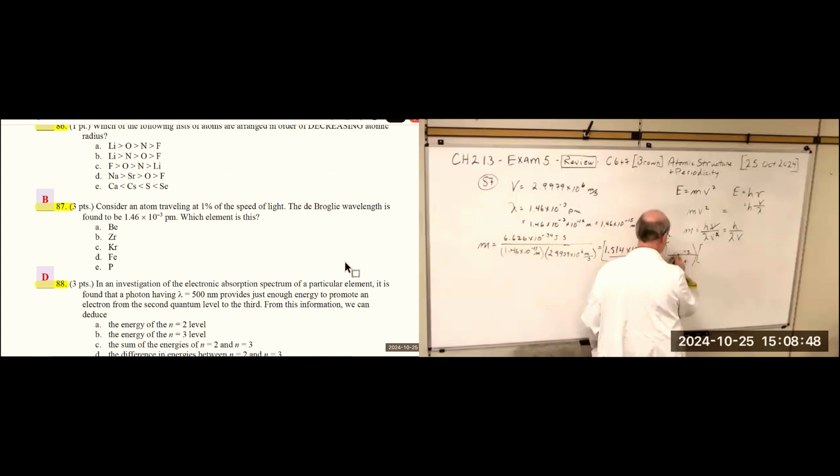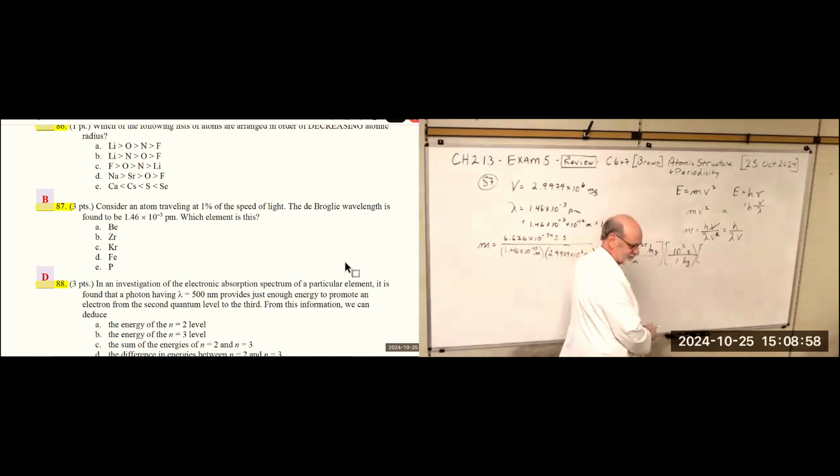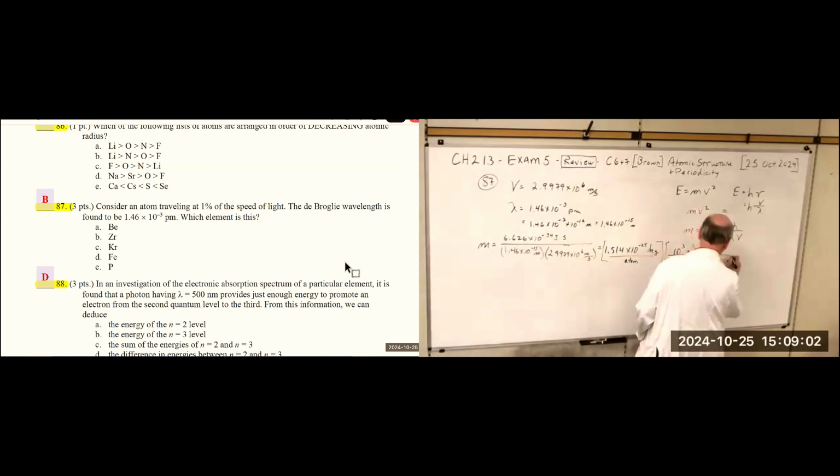There we go. Now they cancel. All right, now the atom. We want it per mole. We know the magic number for that. 6.022 times 10 to the 23rd atoms per mole.